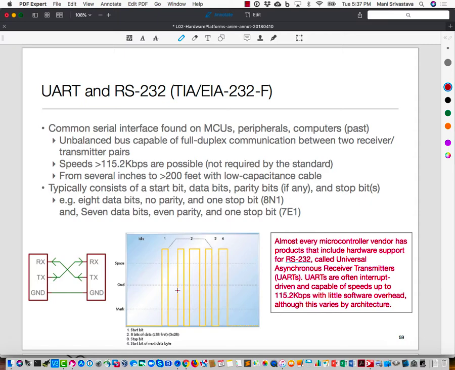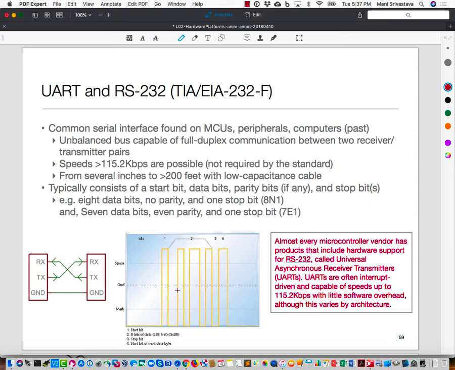Actually, the standard only specifies some low speed, but it's almost universal that you will find speeds maybe up to even 384 kilobits or even in excess of a megabit per second available. All depends upon the distance. So usually you will use them for short range things, but with appropriately shielded cable and all, you can go hundreds of feet.